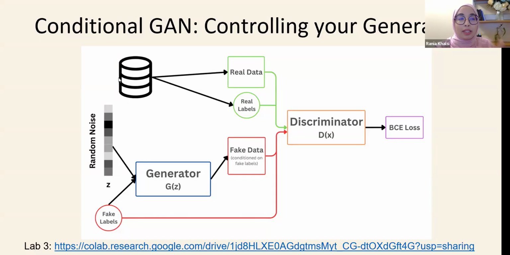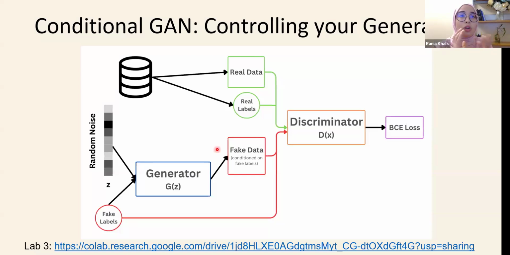If I want my GAN to generate some images using the MNIST dataset, which contains 70K images of handwritten digits from 0 to 9, the generator is going to generate fake data, numbers that look like our real data. But it can generate 0, it can generate 1, 3, or 9.